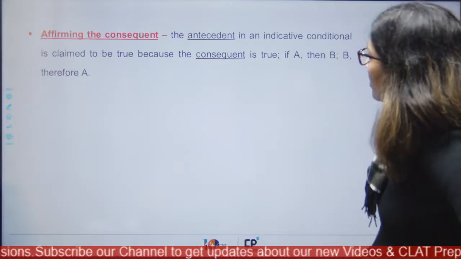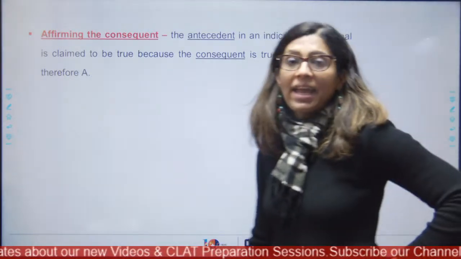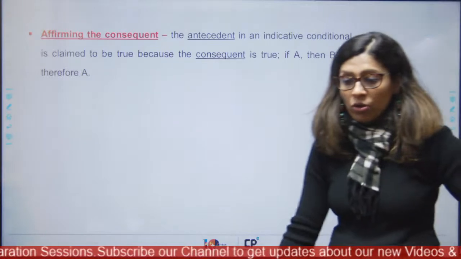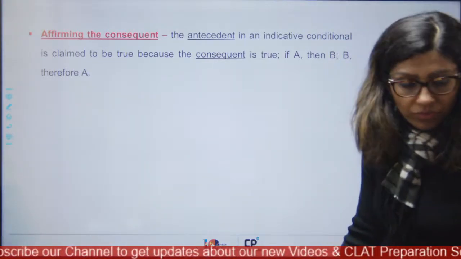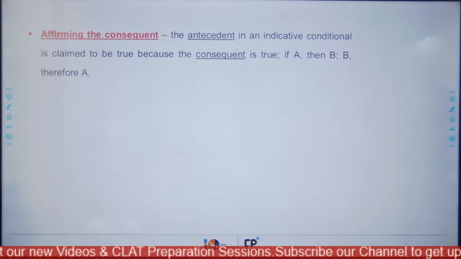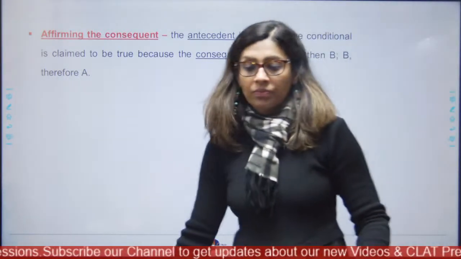Affirming the consequent: whenever you say if A then B, it has to be A therefore B, and not B therefore A. So this is also incorrect. I hope you know this. Right?